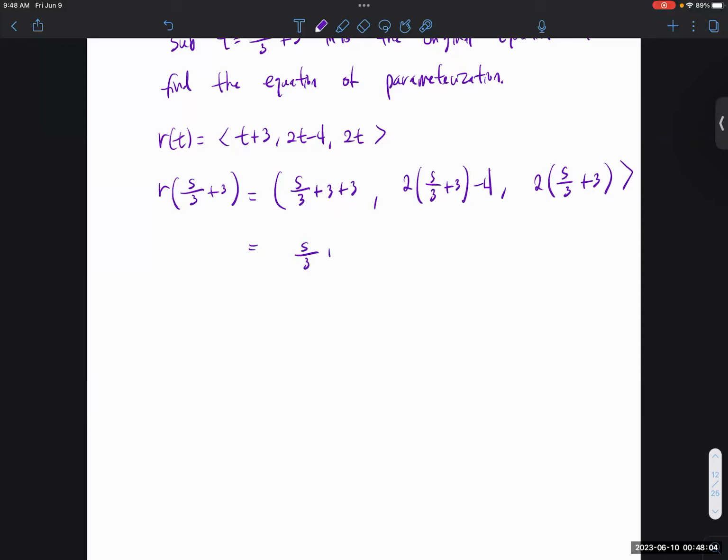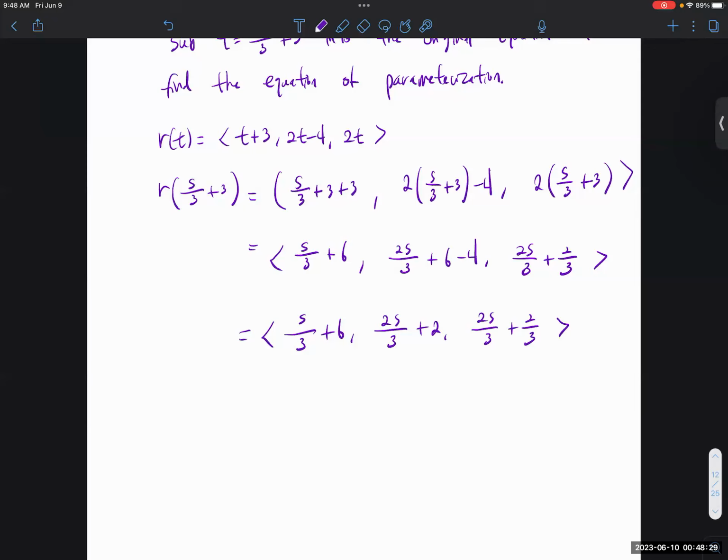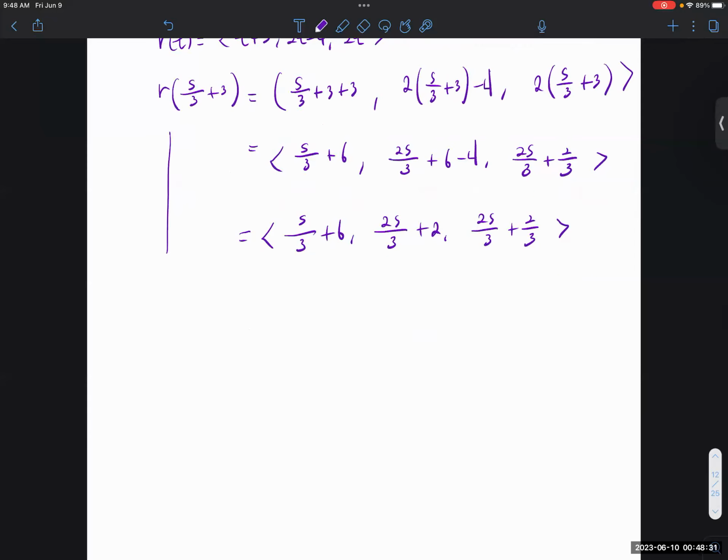Simplify: s over 3 plus 6, 2s over 3 plus 6 minus 4, which is 2s over 3 plus 2, and 2s over 3 plus 2 over 3... again, s over 3 plus 6, 2s over 3 plus 2, 2s over 3 plus 2 over 3. So that's the parameterization vector.